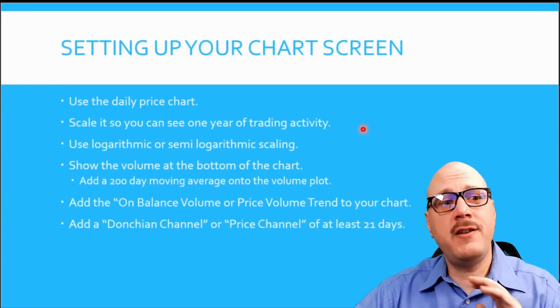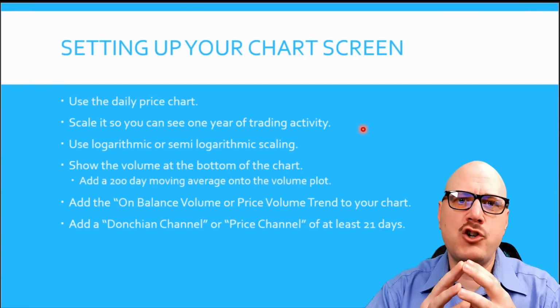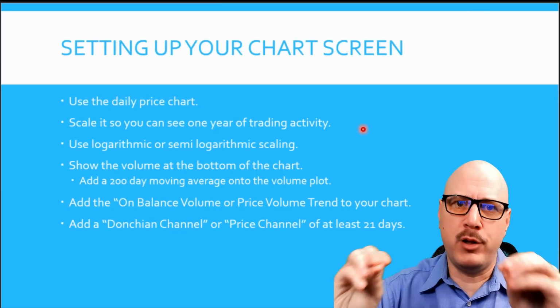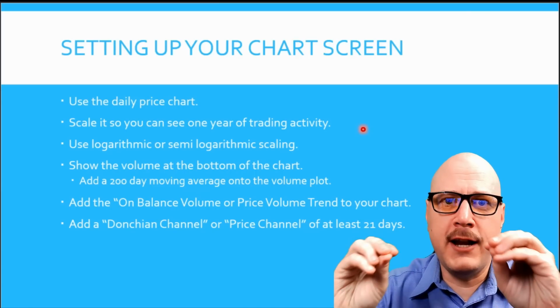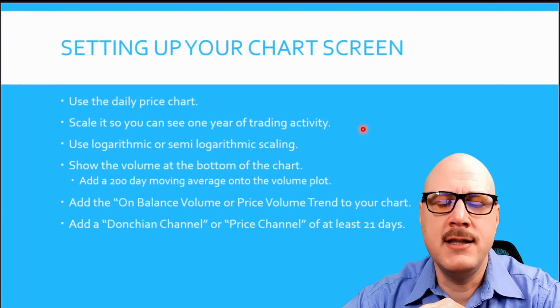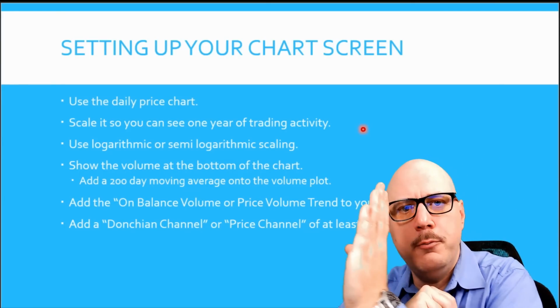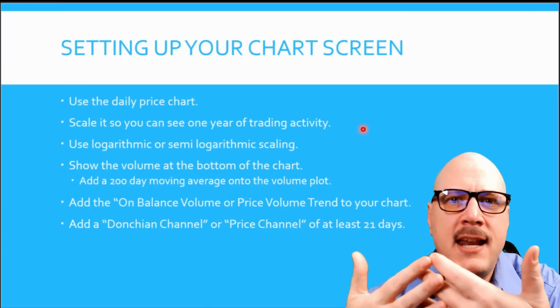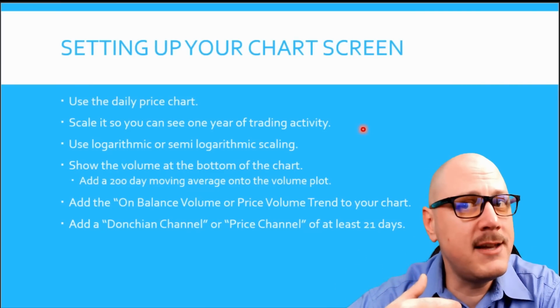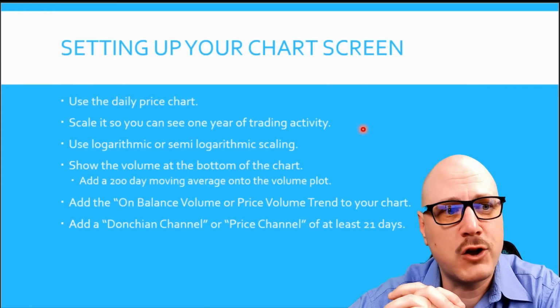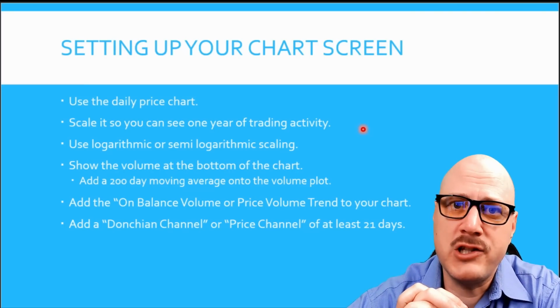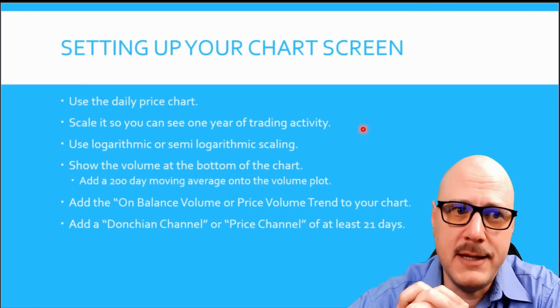Now, in addition to that, you want to make sure that the trading volume plot is on every chart you look at. Those are the lines, boom, boom, boom, underneath. That's going to give you an idea of the relative excitement behind a particular stock's move. You have to trade price and volume together if you want to be successful.